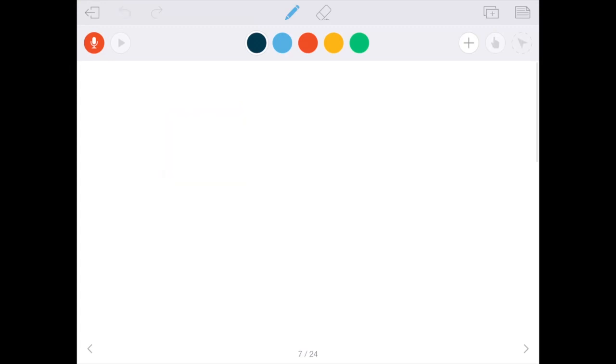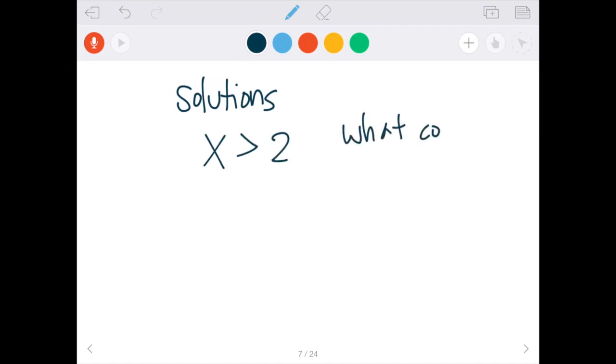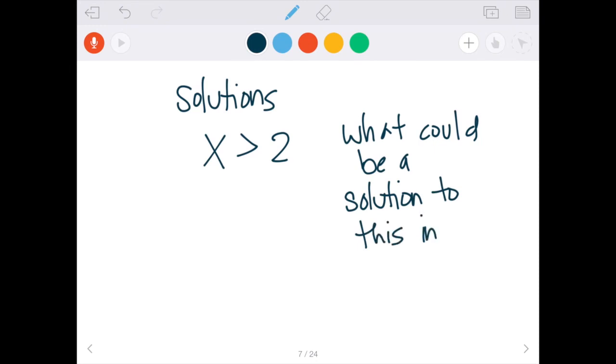The next thing we need to talk about is solutions. When I talk about a solution, if I have, for example, X is greater than 2, and I ask what could be a solution to this inequality, a solution basically just means what could X be?